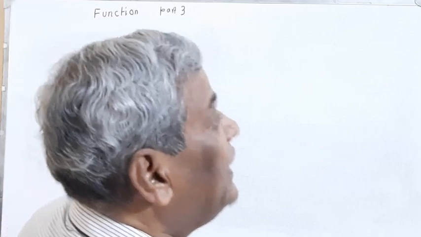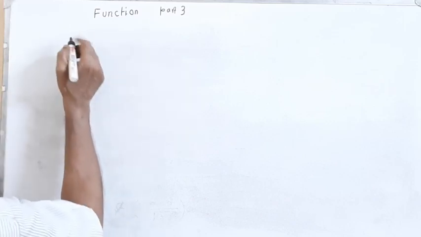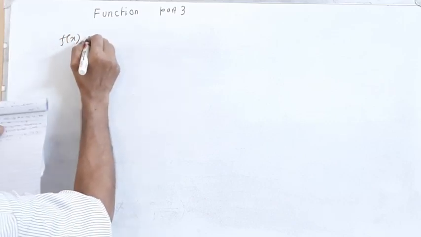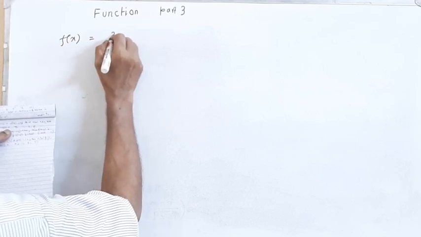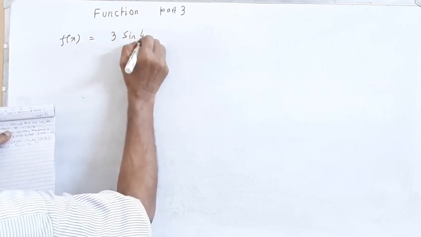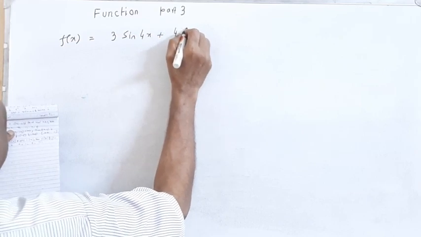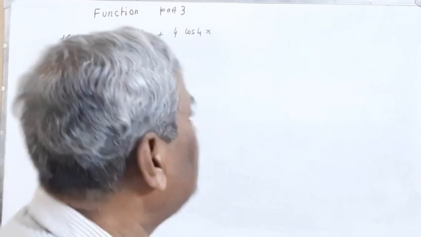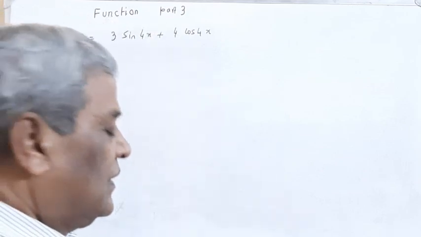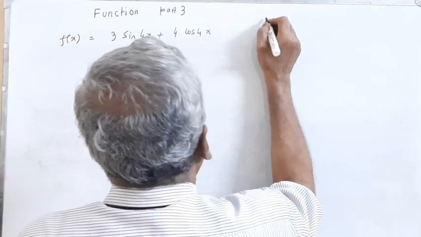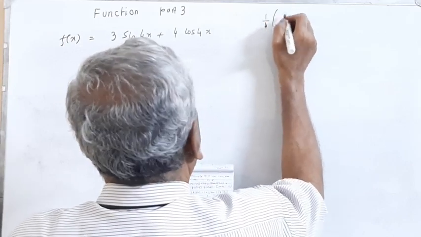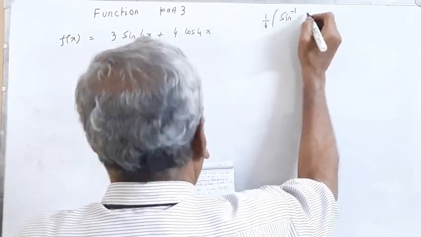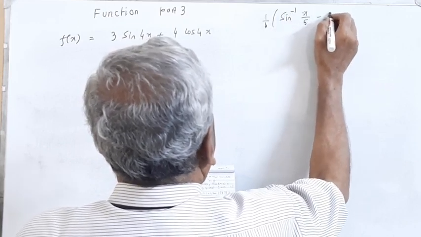Now, our next problem. The inverse function of f(x) is equal to 3 sin 4x plus 4 cos 4x is, inverse function of that. Options: 1 by 4 sin inverse (x by 5) minus alpha.